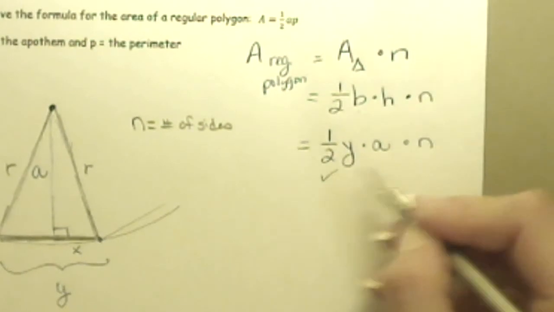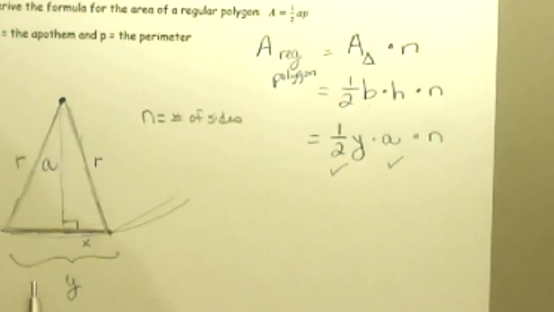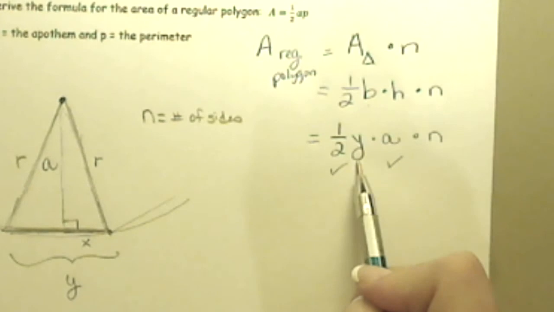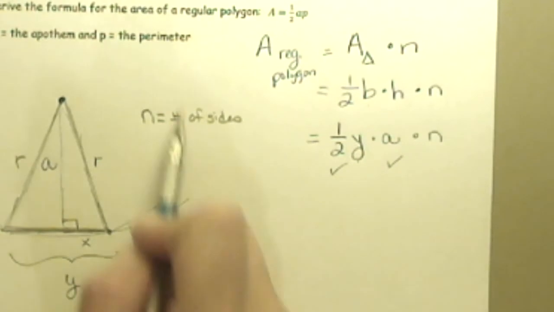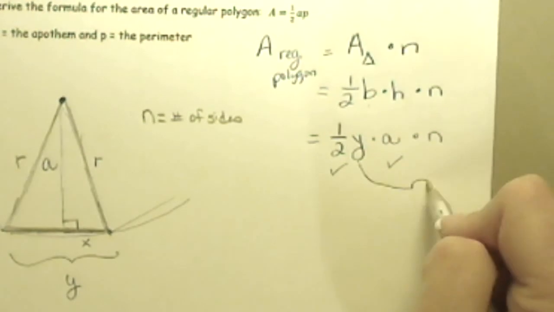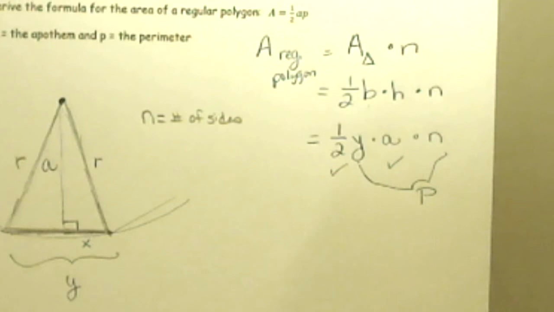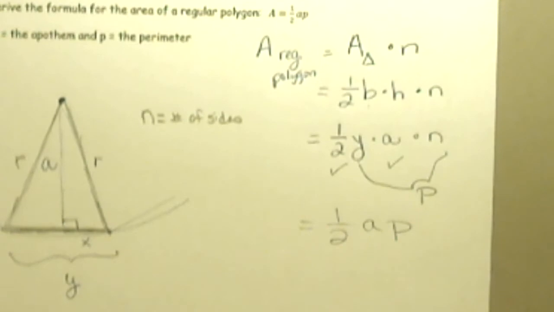Well, I see the 1/2 and I see the A. I don't see the P. But if you think about the letter P representing perimeter, in fact, that y is the length of one side of the polygon, and n is the number of sides going around the polygon, y times n is actually the perimeter of the polygon. So that's how we get 1/2 times apothem times the perimeter.